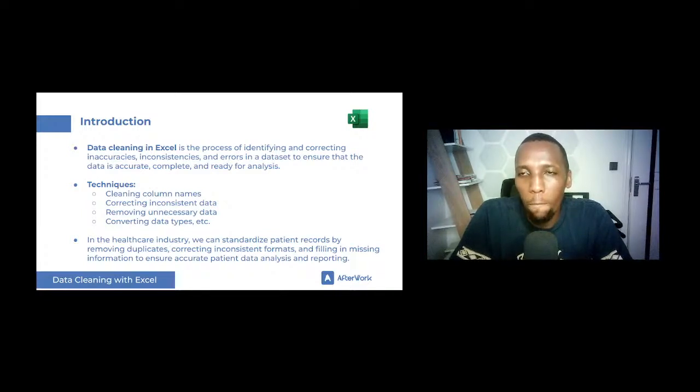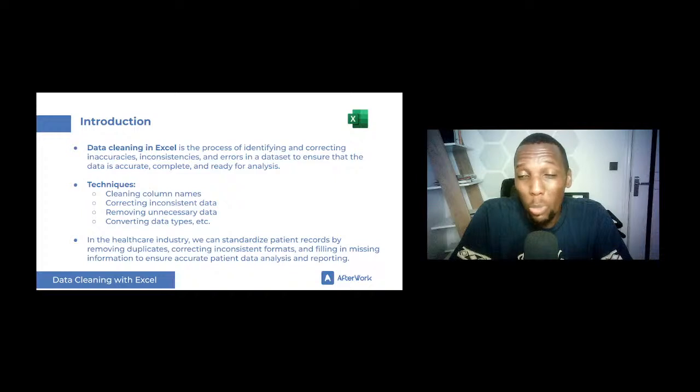Maybe you're working with numerical data that follows a metric system, but in one of the columns you have a different system, where maybe you have weight in pounds, so you need to convert that into kgs to make it consistent with the rest of the data in the metric system.